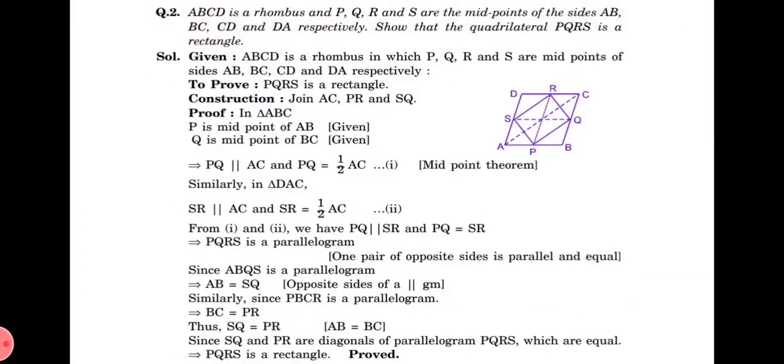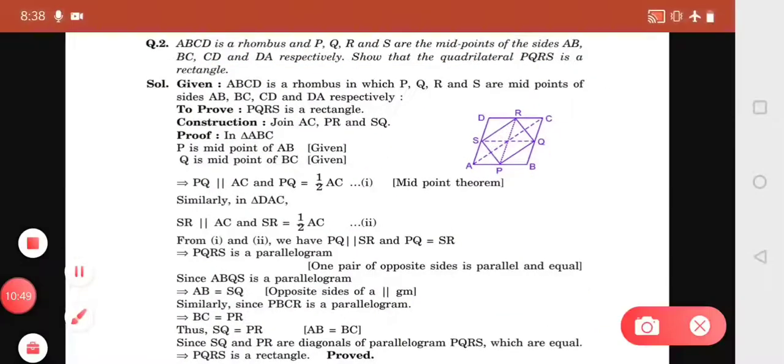Thus, SQ equal to PR. Here you can see that AB equal to SQ and BC equal to PR. So we get SQ equal to PR. Why? Because AB and BC are equal, as they are sides of a rhombus. In a rhombus, all the sides are equal.